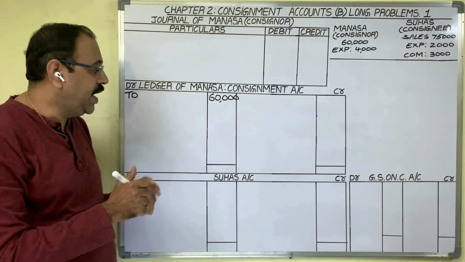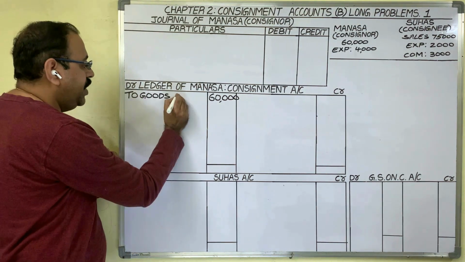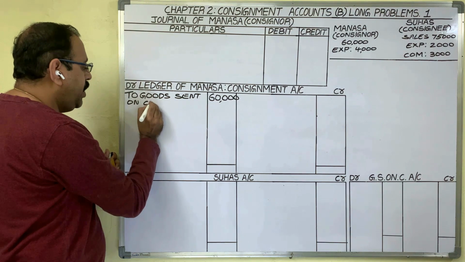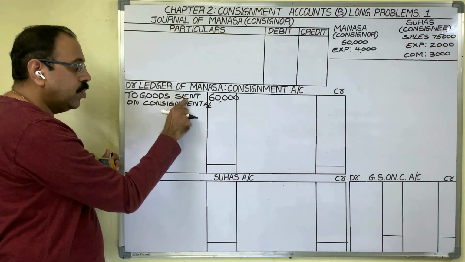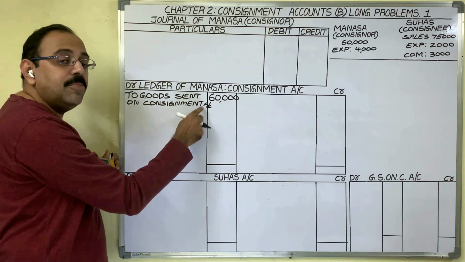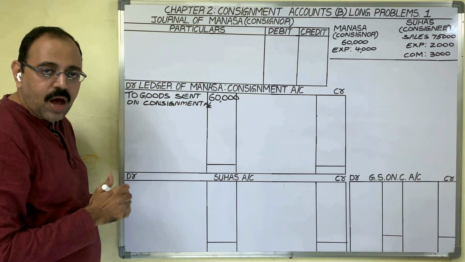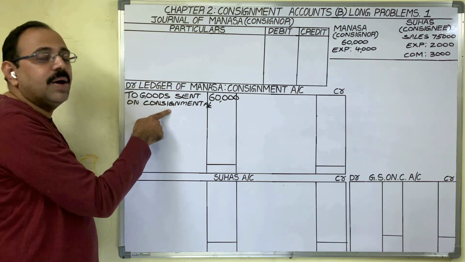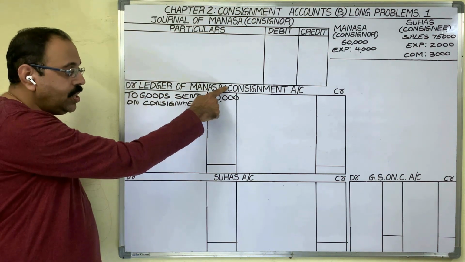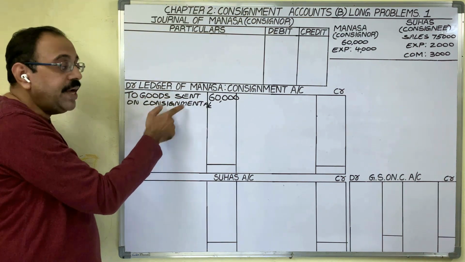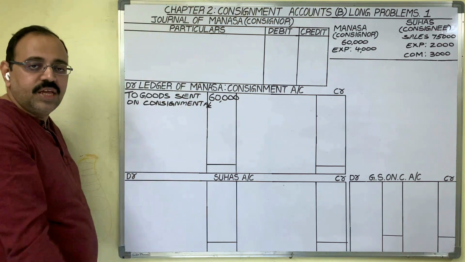We have to write goods sent on consignment account. We are sending some goods on consignment basis. That is the meaning of this word. Now, posting we have completed. Based on this posting, try to frame the journal entry.